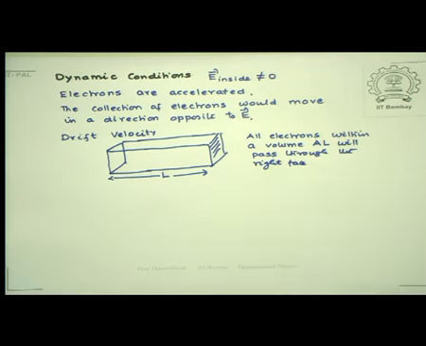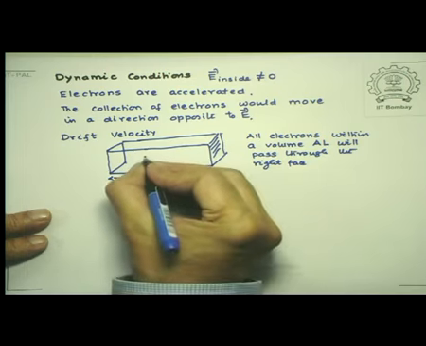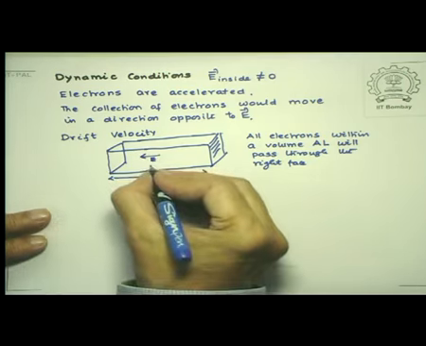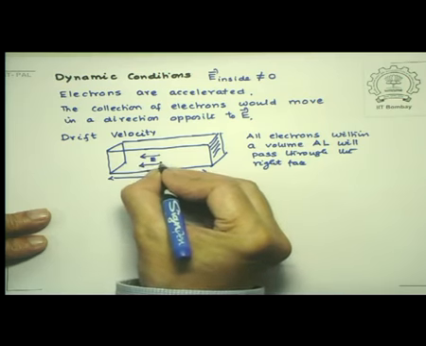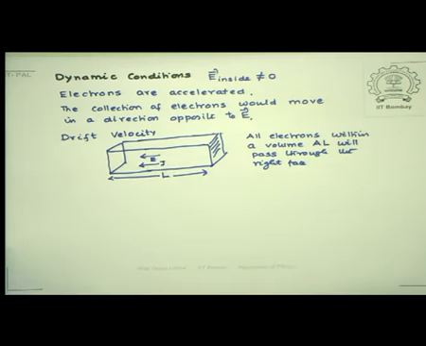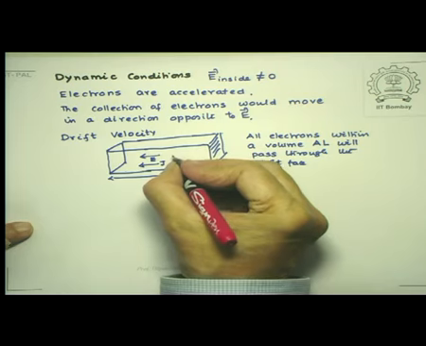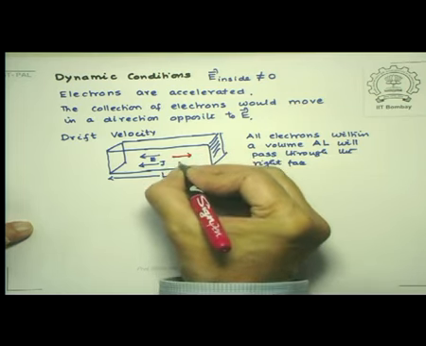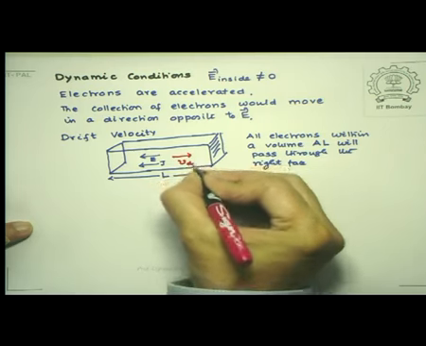Now in this picture, this is the direction of the electric field, which is also the direction of the current density. And the electrons are on an average moving towards the right, and that is the direction of the drift velocity, which we represent by Vd.